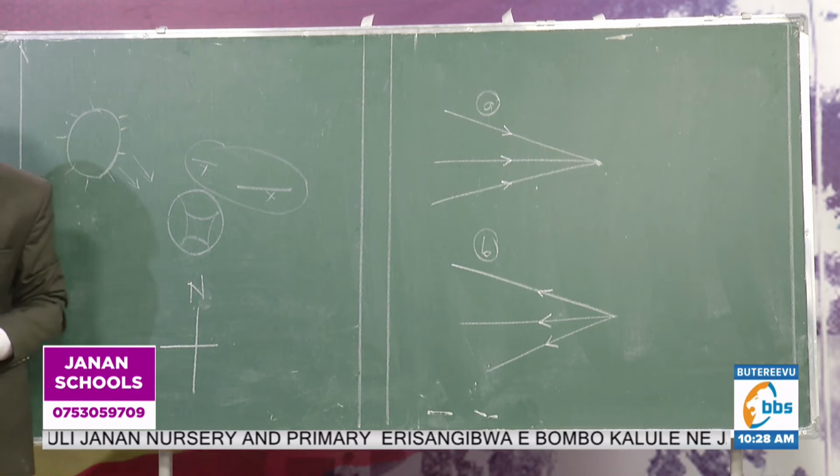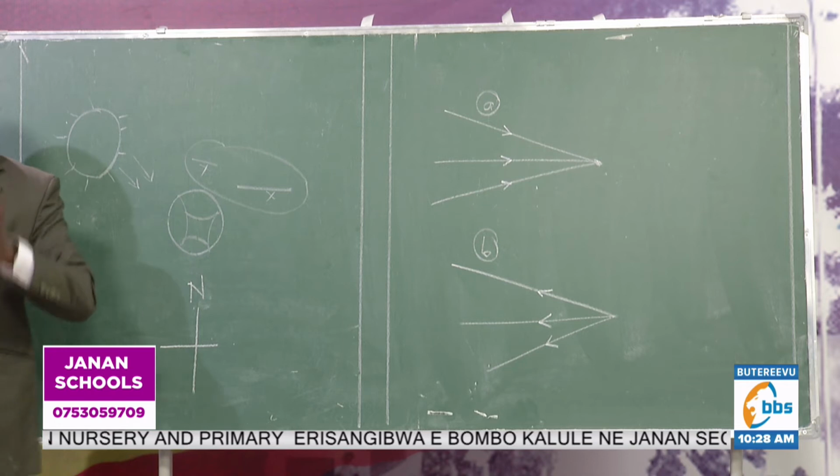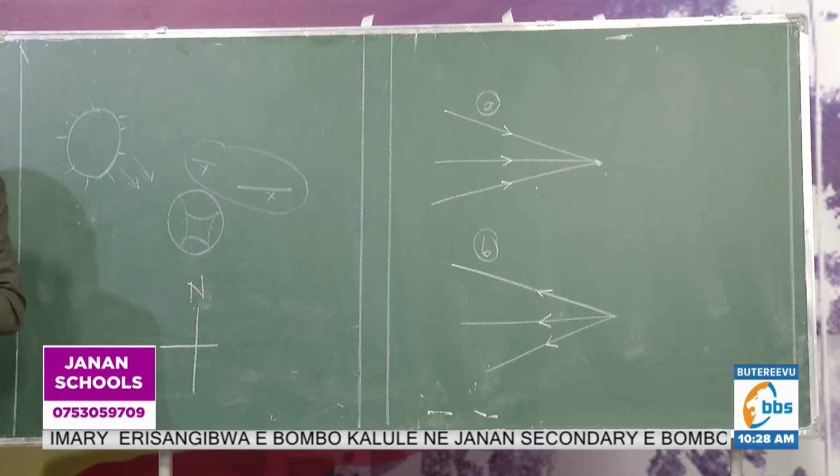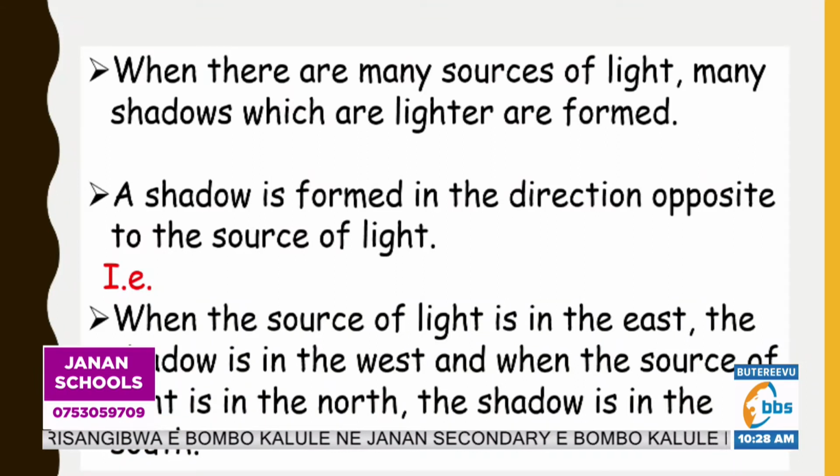That's what we are concluding with. When the source of light is in the east, the shadow is in the west, and when the source of light is in the north, the shadow is in the south. That is very important for you to take note.